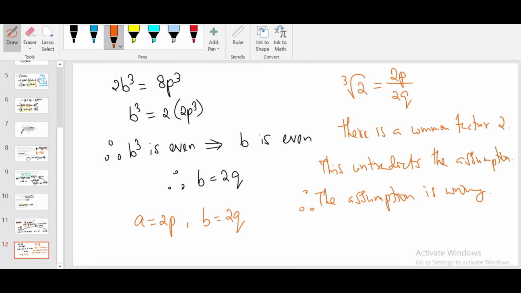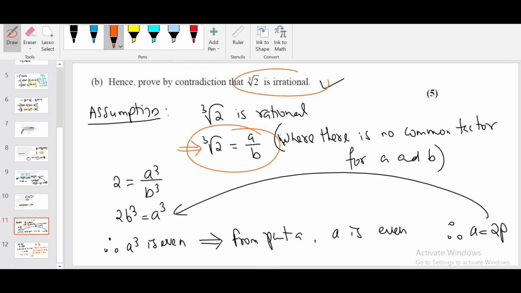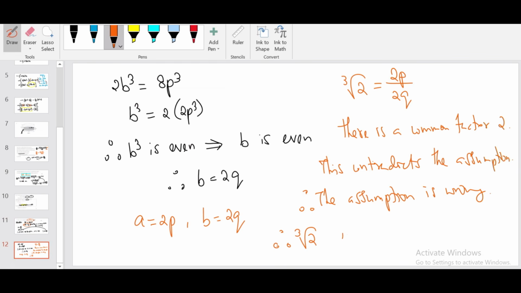When the assumption is wrong, eventually the original statement is correct. So you can write therefore cube root of 2, just write the original statement, is irrational, hence proved. That's how we prove this.